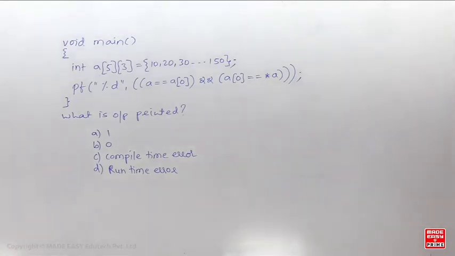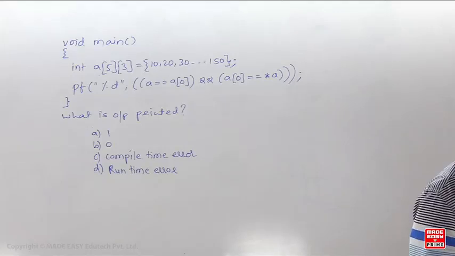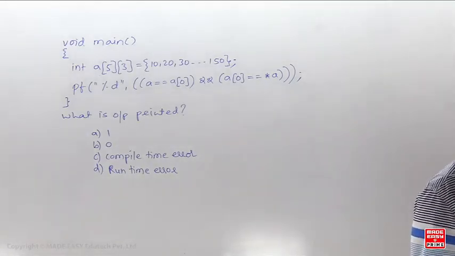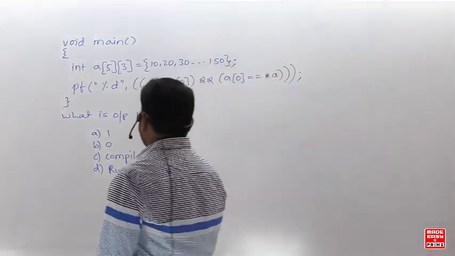Why? No, that is okay, so don't compare. You can initialize in that manner also. That is initialized correctly only. Yeah, very good. Most of you gave the right answer. Right. So time up, guys.